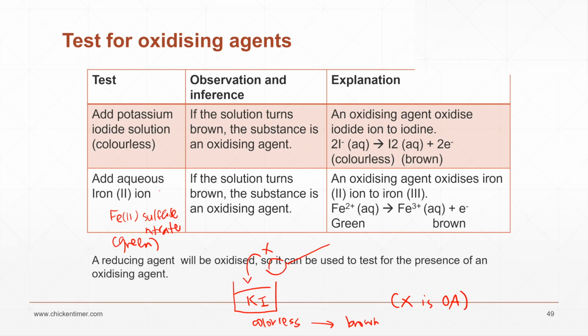So you must remember the color change. Most common is this one. Then the bottom one is only for iron. It's also a test for oxidizing agent. You just drop a drop of oxidizing agent inside, then the green solution will turn brown. Same goes, if no change, then it's not an oxidizing agent.